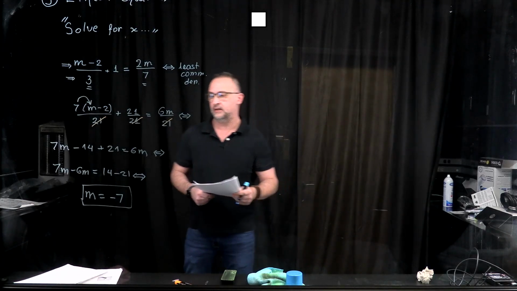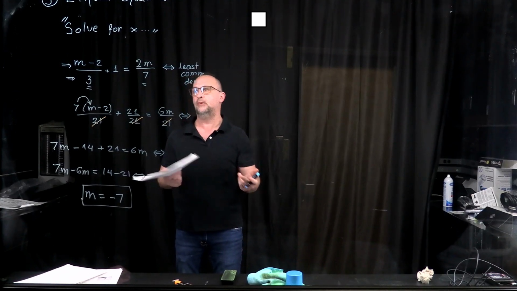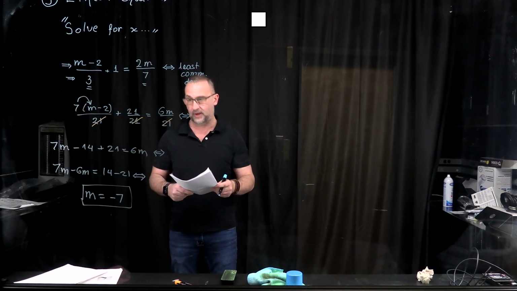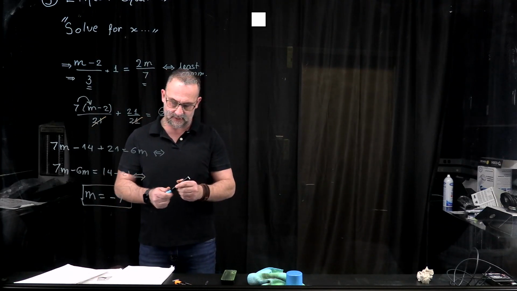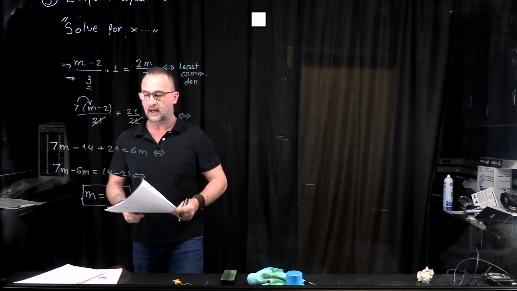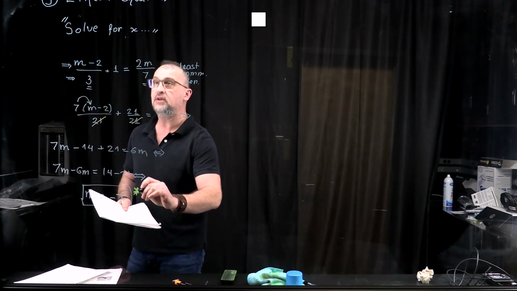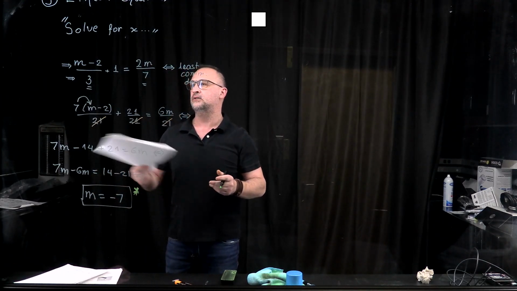And one thing we can do straight out of the gate is make sure we didn't go wrong anywhere. So this is a check, a sandwich, as I like to call it. You take your result, negative 7, and you put it back in the equation, and you go like, okay, did I do this right?